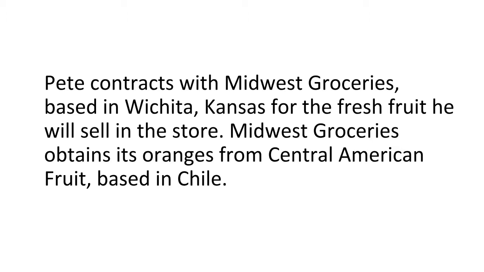Therefore, this is a contract for the sale of goods. It is then governed by the Uniform Commercial Code. Now, the contract that Midwest signs with Central American Fruit is likely to be governed by the CISG. But for the purposes of this analysis, we're only looking at Pete's contracts, and therefore that would be covered by the Uniform Commercial Code.